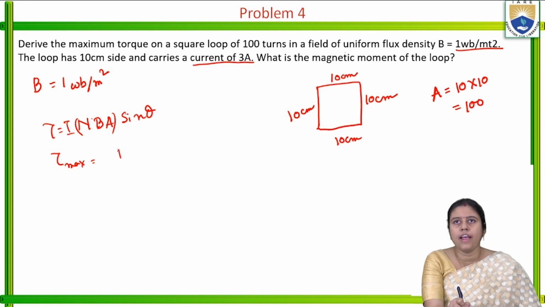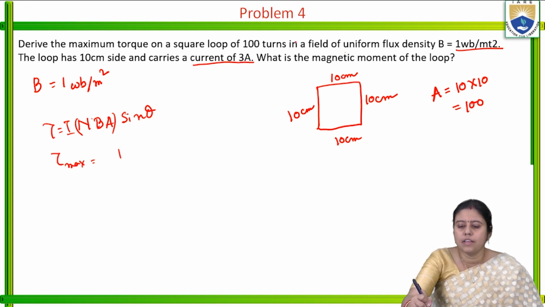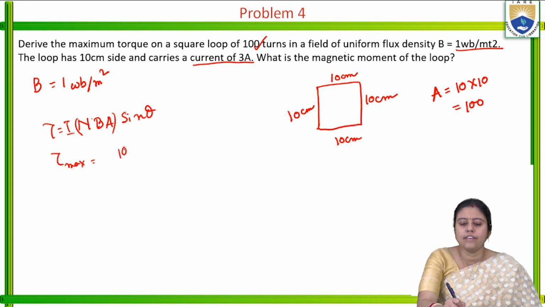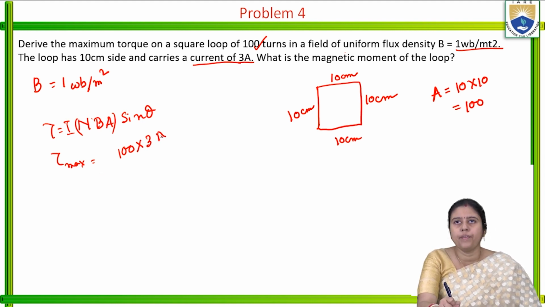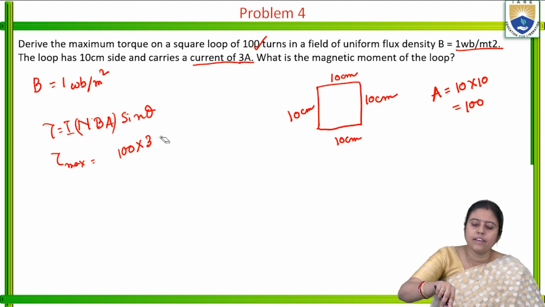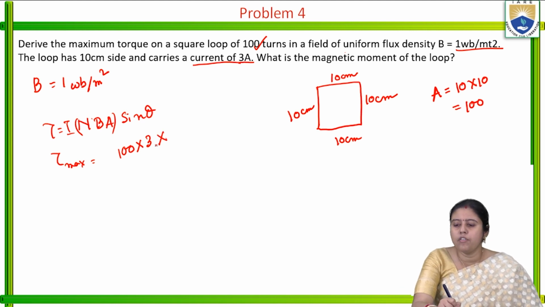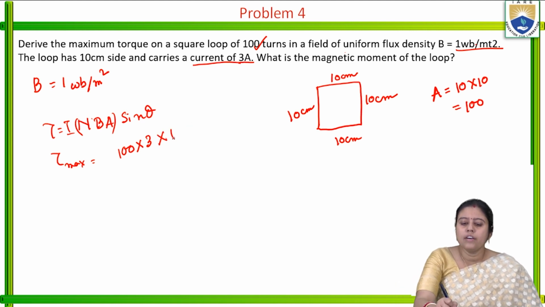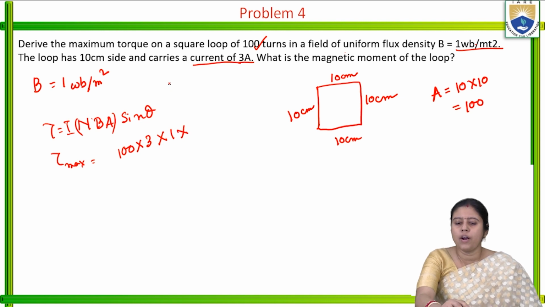So what is the maximum torque? Here the number of turns is given as 100. What is the value of I? Current is 3 ampere. What is the value of B? B is 1 Weber per meter square. What is A?